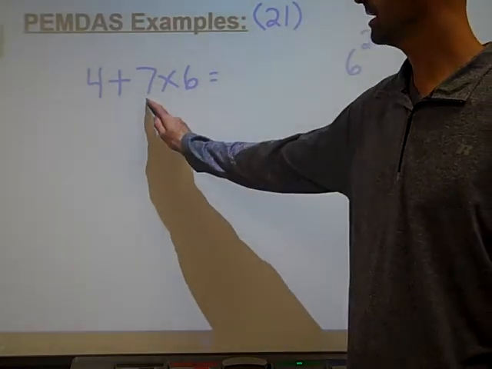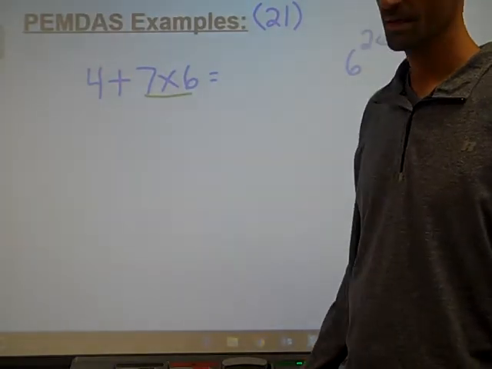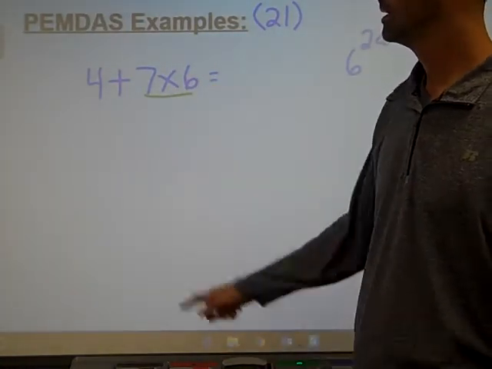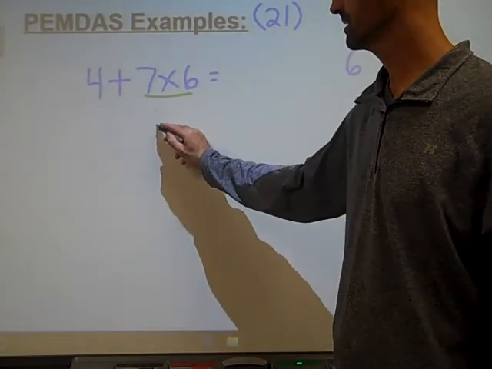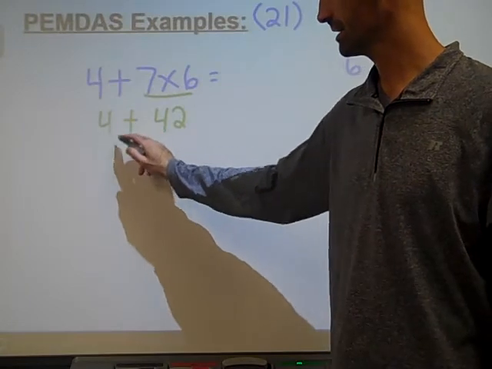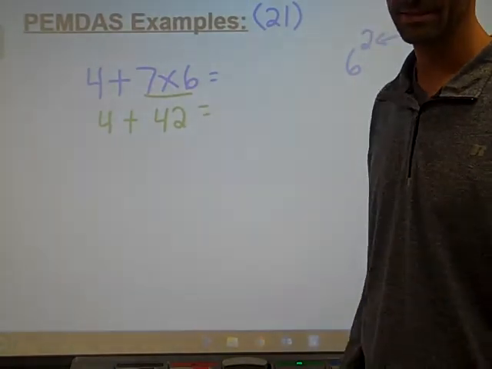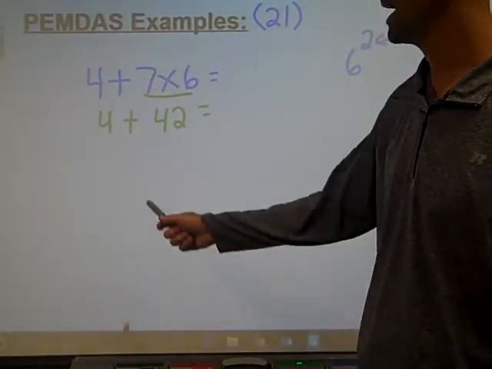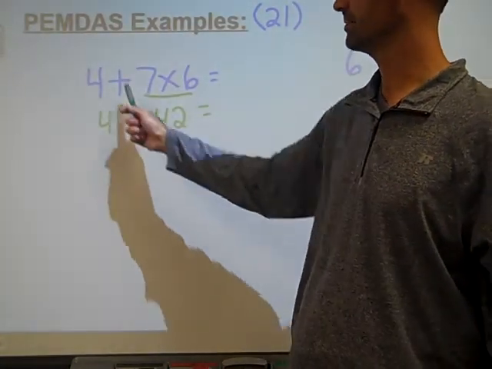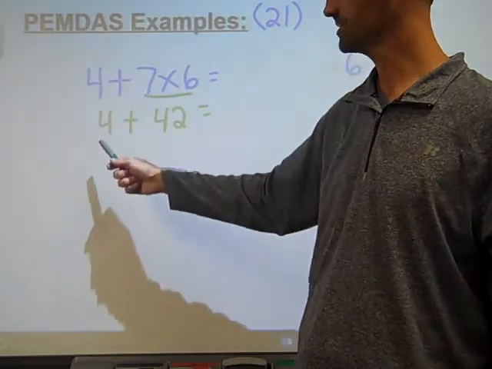So please underline that step, okay? Because we do one step at a time. And 7 times 6 is 42. Copy everything else as it is. Then we go back. Parentheses? No. Exponents? No. Multiplication or division?